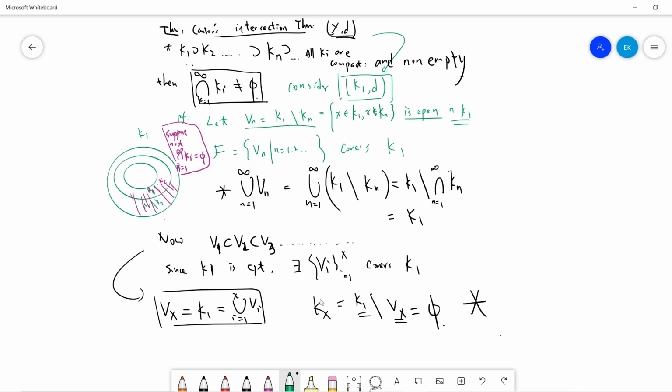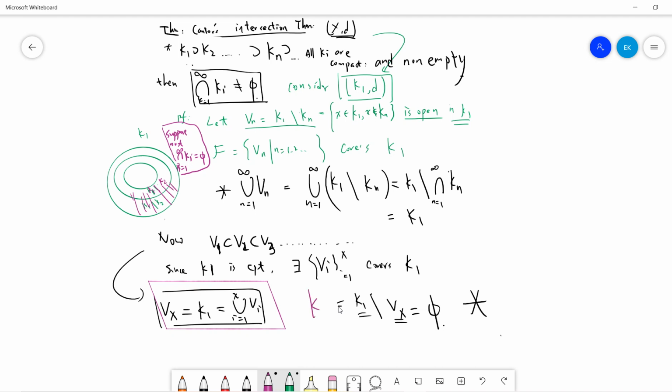But by definition, how about Kx? Sorry, let me change the notation. We got a little notation problem, but it can be fixed quickly. From the definition, we know that Vx equals K1, because K1 is compact.